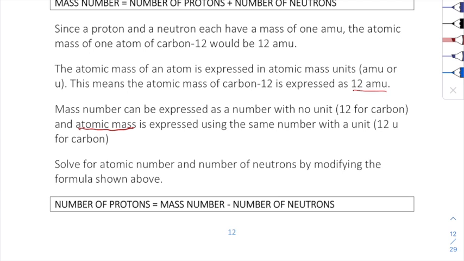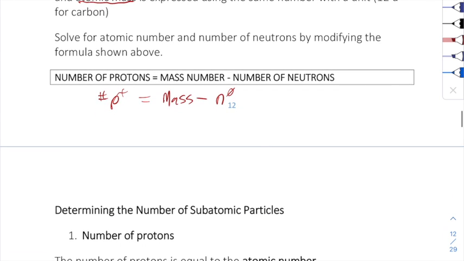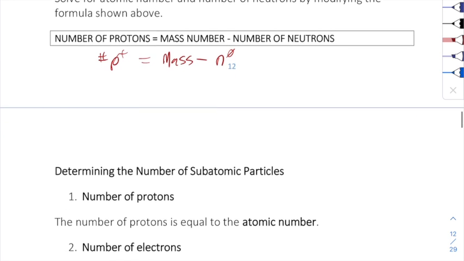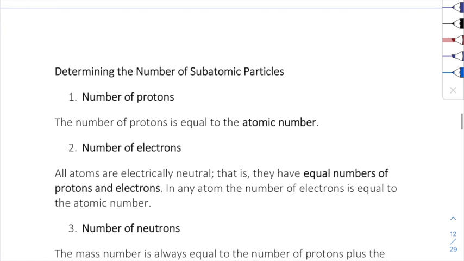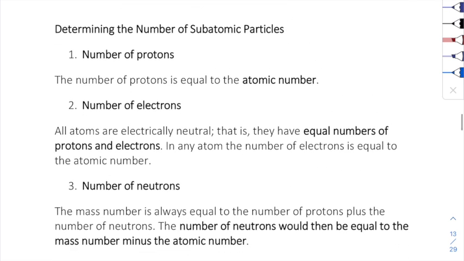So for example, the number of protons could be the mass minus the number of neutrons. That would also work. And you could find the number of neutrons if you wanted to from the mass subtracting the number of protons. Okay. So in the next section, we'll go through some of the ways that we're going to calculate these different parts.